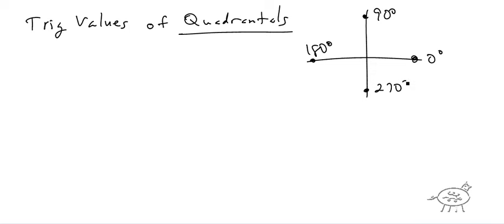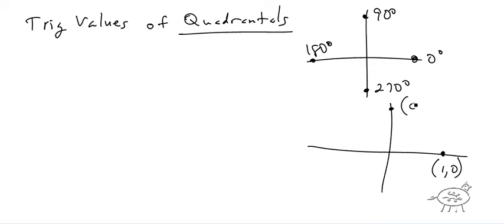That's what a quadrantal is. All right, and if I actually made a quick sketch here of what the coordinates are, let's just call this 1, 0. Let's call this 0, 1. Let's call this negative 1, 0. And let's call this 0, negative 1.